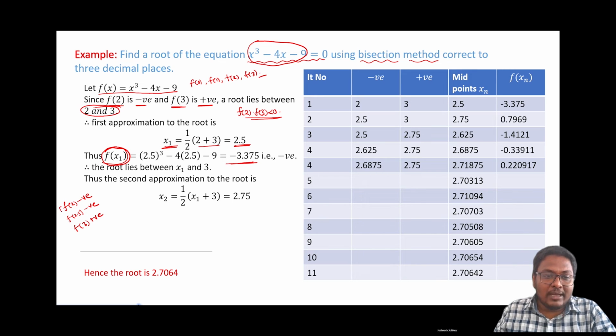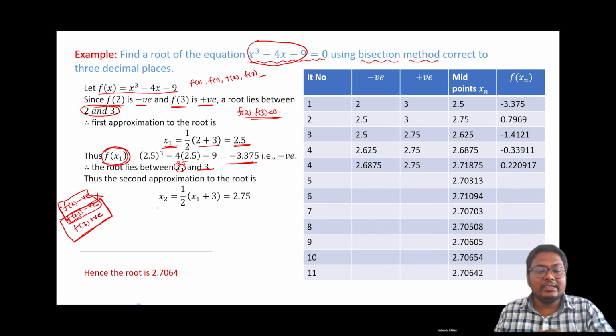If I multiply f of 2 and f of 2.5, that is obviously positive, so this is not the interval. But if we choose 2.5 and 3, the multiplication is less than 0, so the root lies between x1 and 3, that means 2.5 and 3.